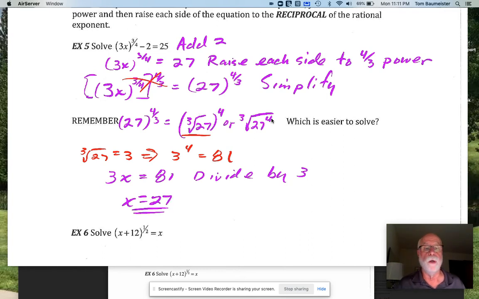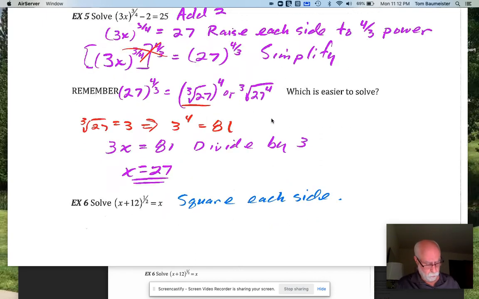Okay, now we're going to solve one here. So we have (x plus 12) all of that raised to the 1/2 power is equal to x. So again, if you think about this one here, we're going to square each side, because if you think about it, 2 is the reciprocal of 1/2.